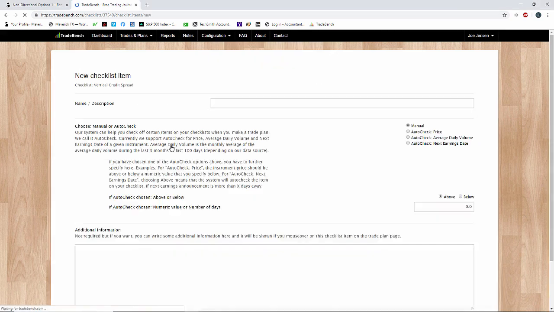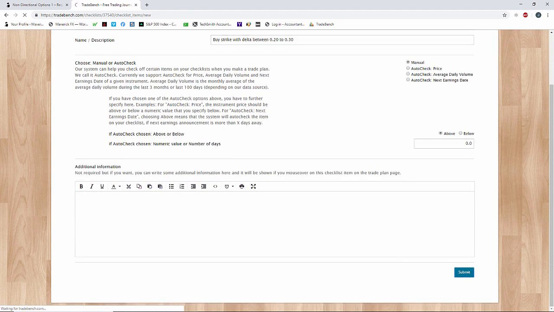Let's add one more item here. Control V on that. Now it's going to be change the strike to strike, and let's get rid of the plus signs and hit submit. So I'm making it as neutral as possible. That way I can use the same checklist for each strategy. Sometimes less is more, right?